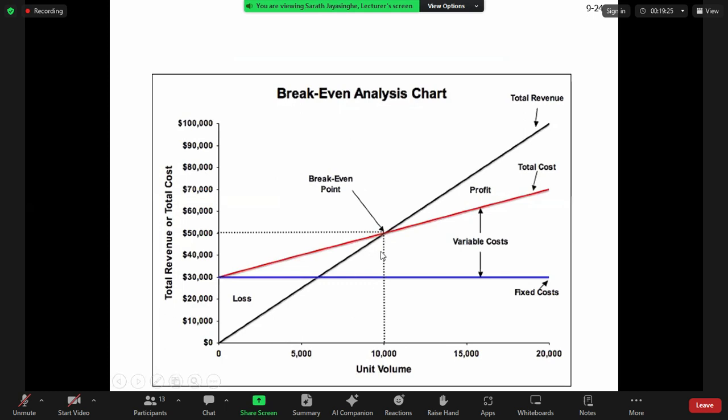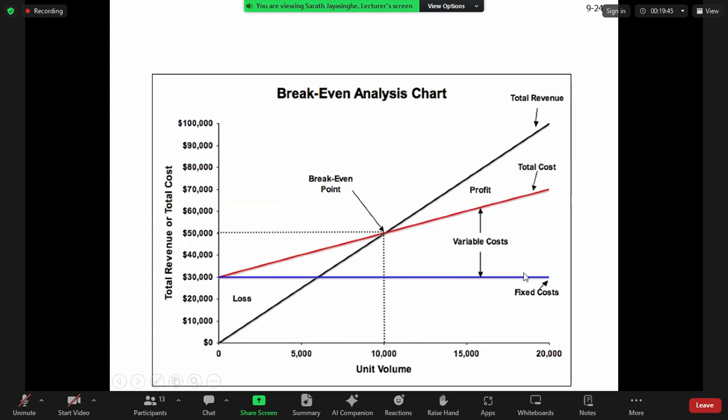So this is the fixed cost, and then the variable cost, the total revenue, and this is the volume.